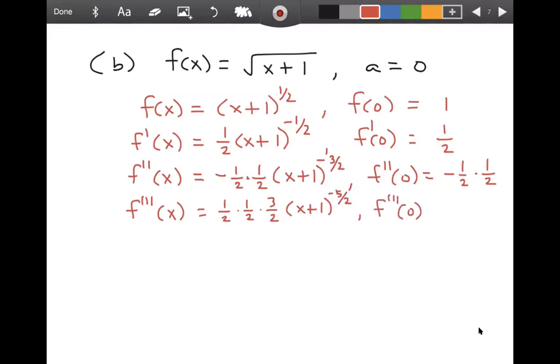Okay, so the third derivative at 0 is 1/2 times 1/2 times 3/2. All right, let's do one more. That would be the fourth derivative. Well, if you bring down the negative 5/2, the sign flips back to negative.